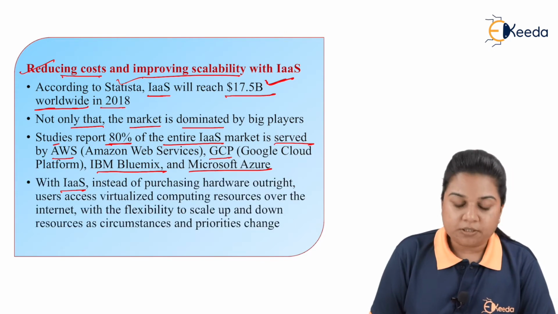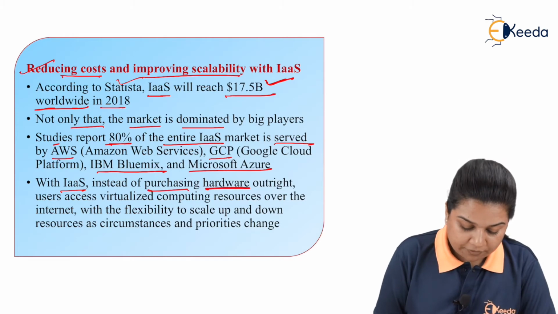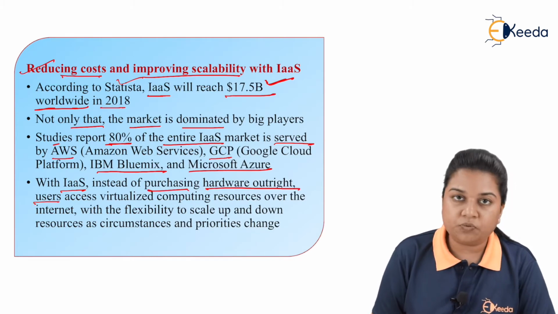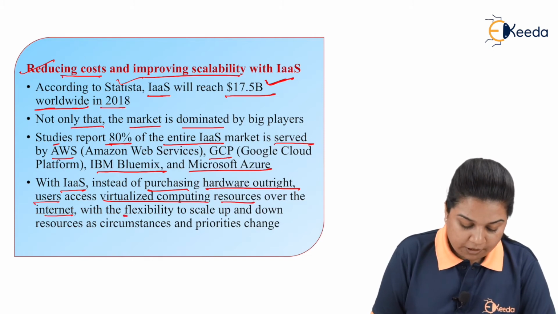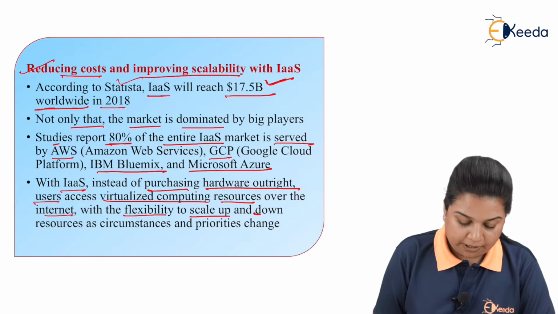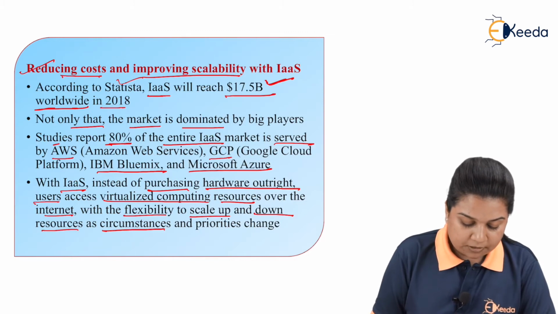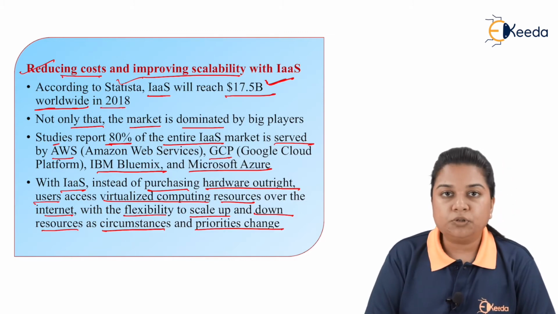With infrastructure as a service, instead of purchasing hardware outright, users access virtualized computing resources over the internet with the flexibility to scale resources up and down as circumstances and priorities change.